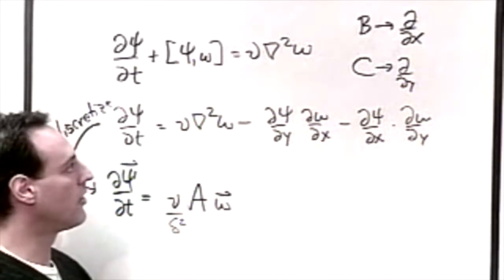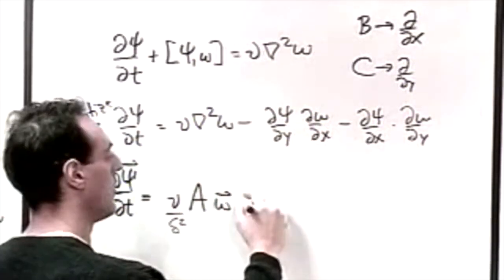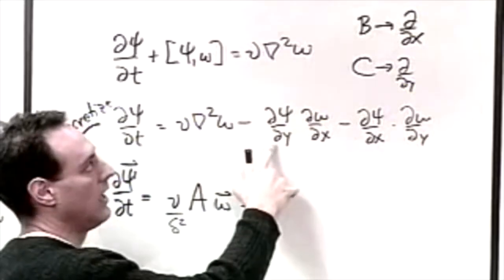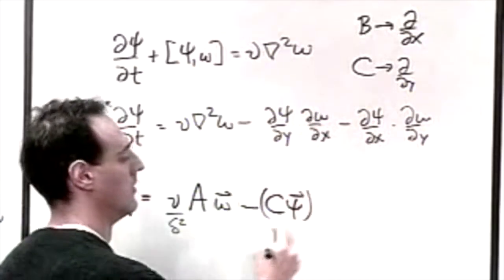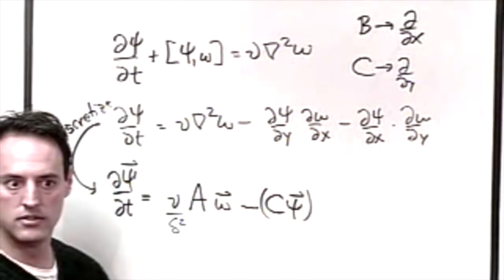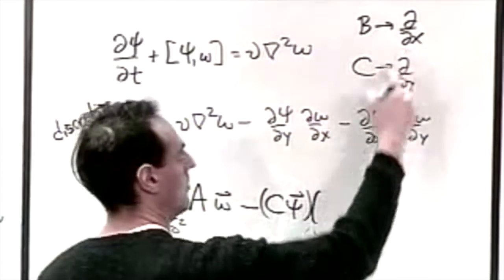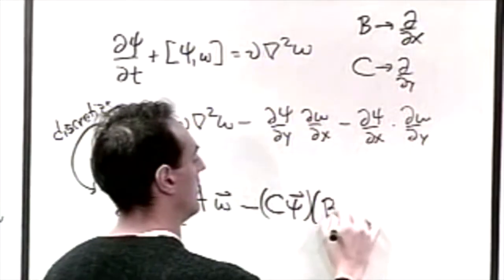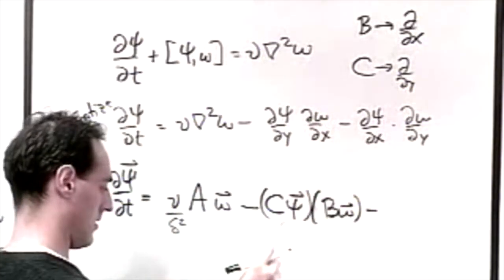Then what does this problem boil down to? Well, this comes to this. Then d psi dy, well, the y derivative is this. And d omega dx, well, there's the x derivative. Oops, one of these should be a plus sign.